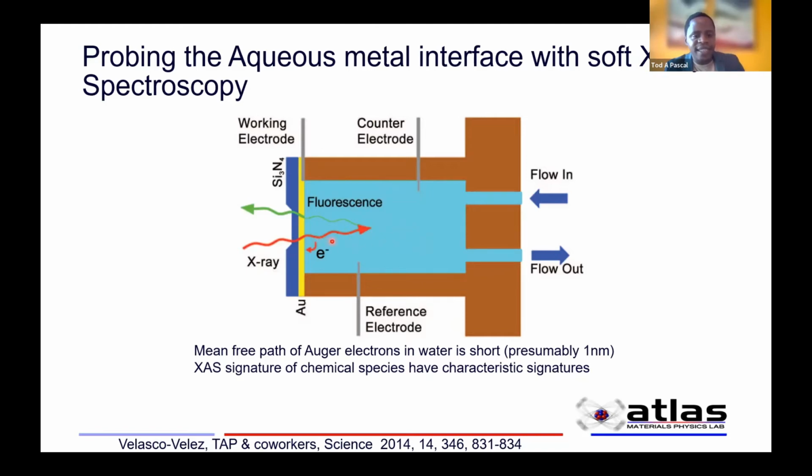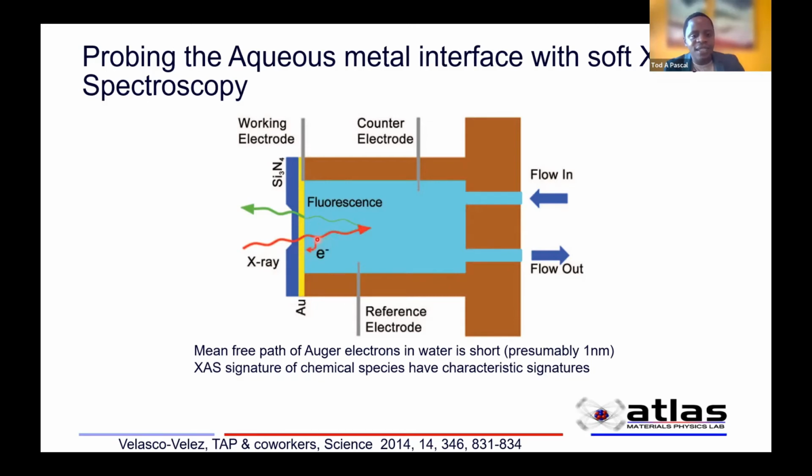But then you also get these Auger electrons that result from the X-ray absorption process, as I mentioned at the beginning of the talk. And these Auger electrons have a relatively low mean free path. We've been trying recently to figure out exactly what the mean free path is, but it's widely accepted in the literature that it's probably about 1 to 2 nanometers.